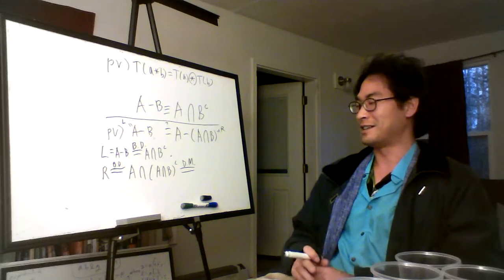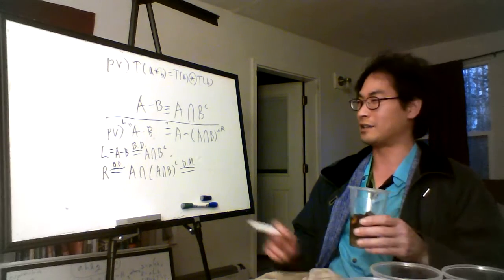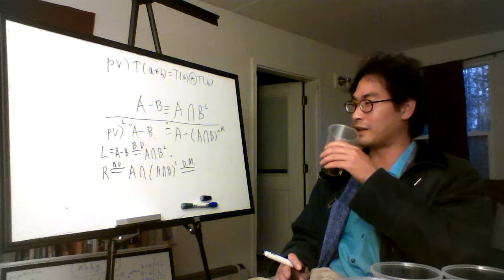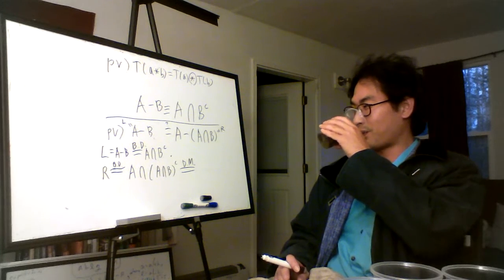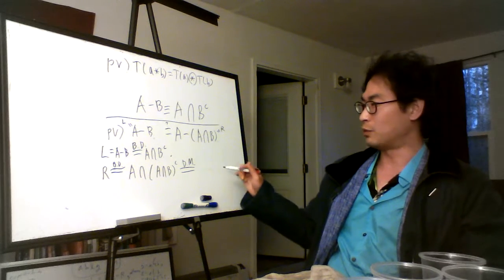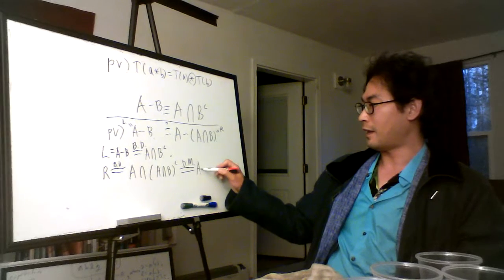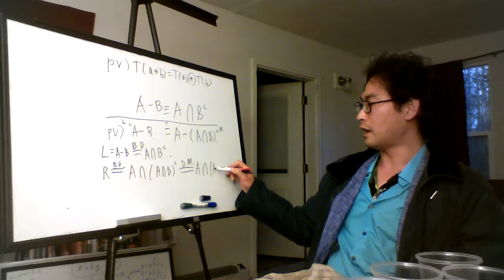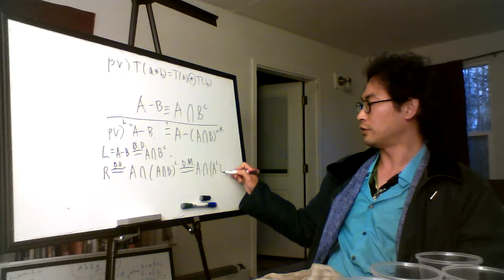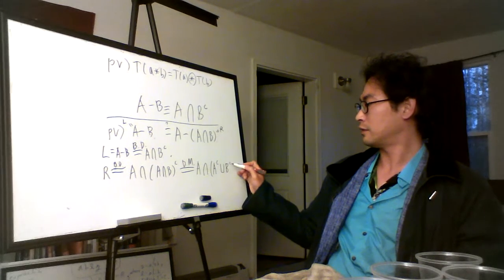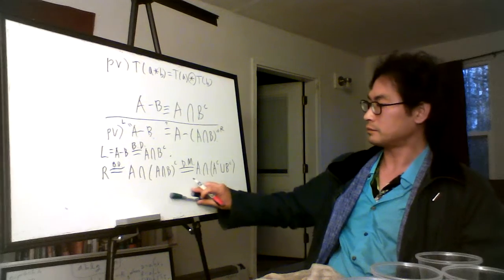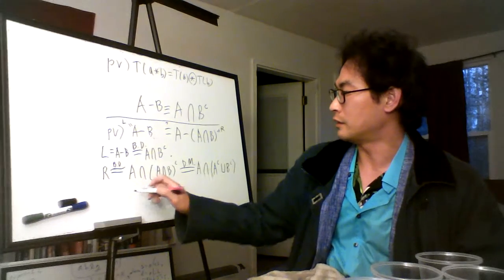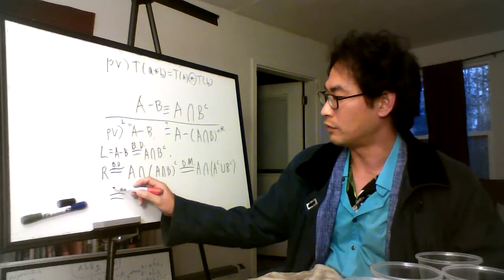It's not Buddhism or bondage and discipline. No, it's not that. By definition, okay. By De Morgan's law, A intersection (A complement union B complement). And this is by distributive law.